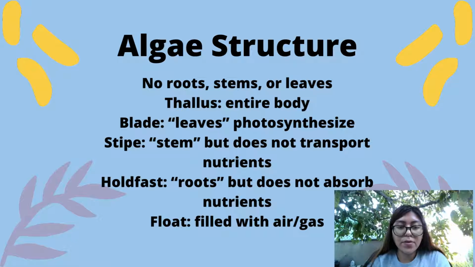And the holdfast is considered to be the roots, but does not absorb any nutrients. And then the float is where it fills up with air and gas within the algae. Whenever you see an algae that has this little bubbly area, that would be considered the float.